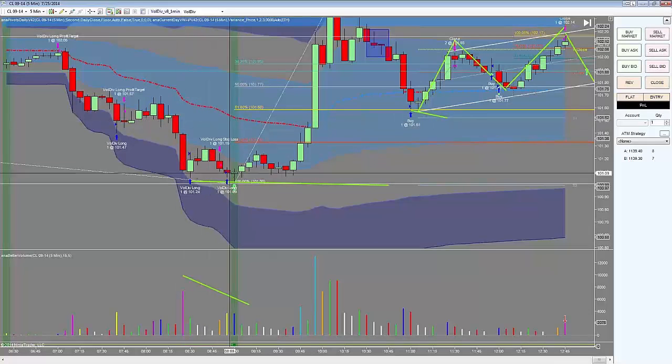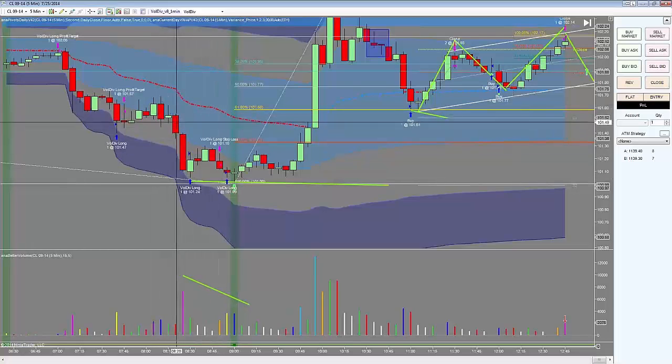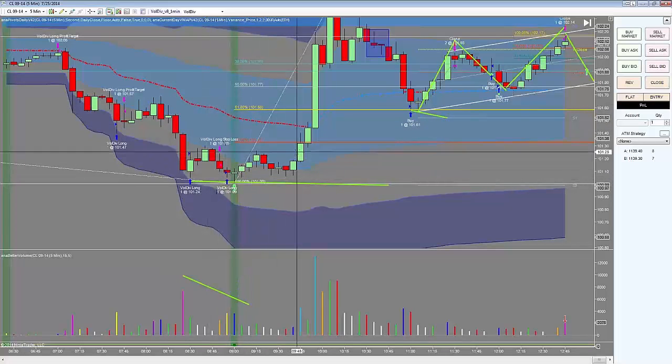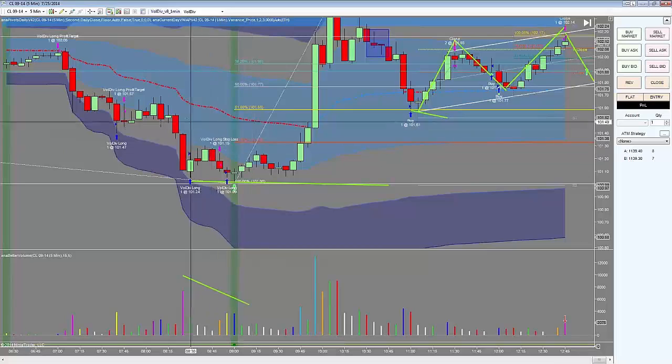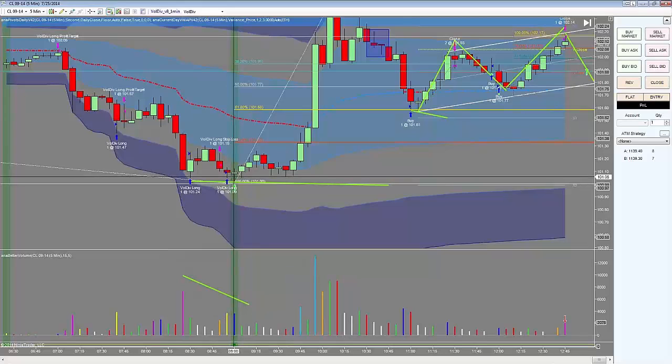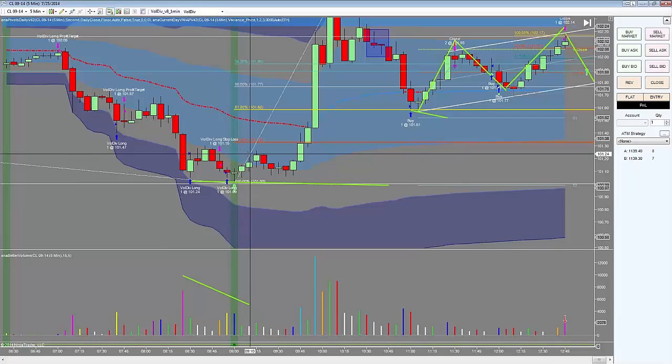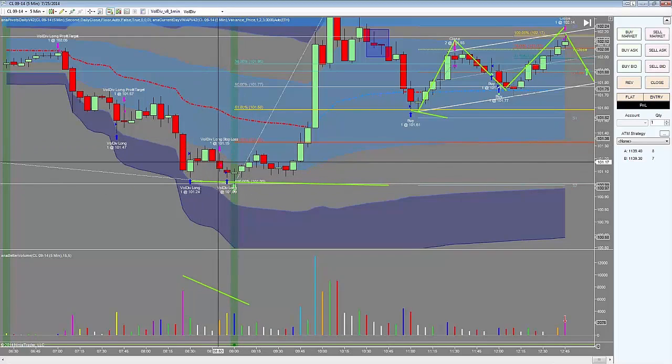Either the selling has dried up, and you have the same amount of buying that you had all the way down, so naturally the market starts to drift back up, or you have the same amount of selling, but then all of a sudden a ton of buying comes in and it shifts. So you either have selling drying up or a lot of buying coming in.